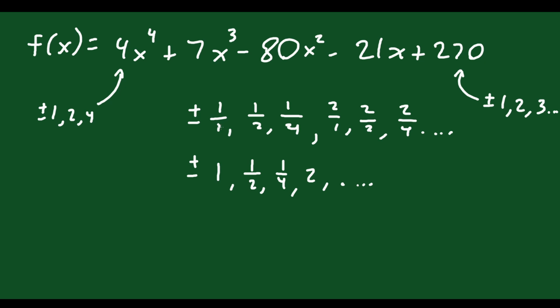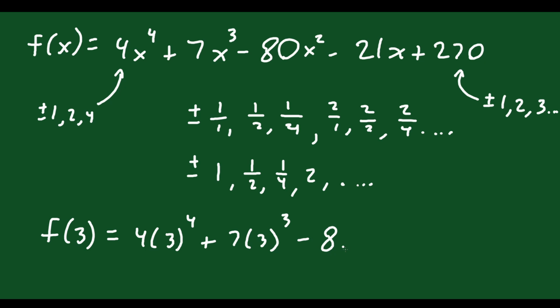Let's try positive 3 before we have to check a negative number, because again, you'll have 3 over 1, right? That's going to be one of them. So 3 over 1, you do f at 3: 4 times 3 to the 4 plus 7 times 3 cubed minus 80 times 3 squared minus 21 times 3 plus 270. When you're checking these answers, you can just use your calculator, right?